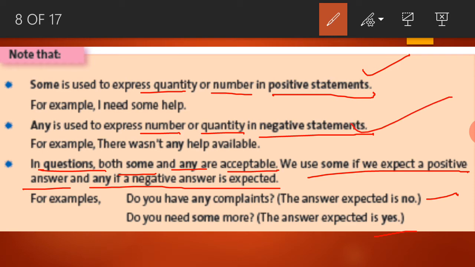Both are used to show numbers and quantity, but the basic difference is positive and negative statements. In positive we use some, in negative statements we use any, and in questions both are acceptable. Sometimes if anyone asks a question, both some or any are acceptable. But if we are expecting a positive reply, we use some. If we are expecting a negative reply, then we can use any.